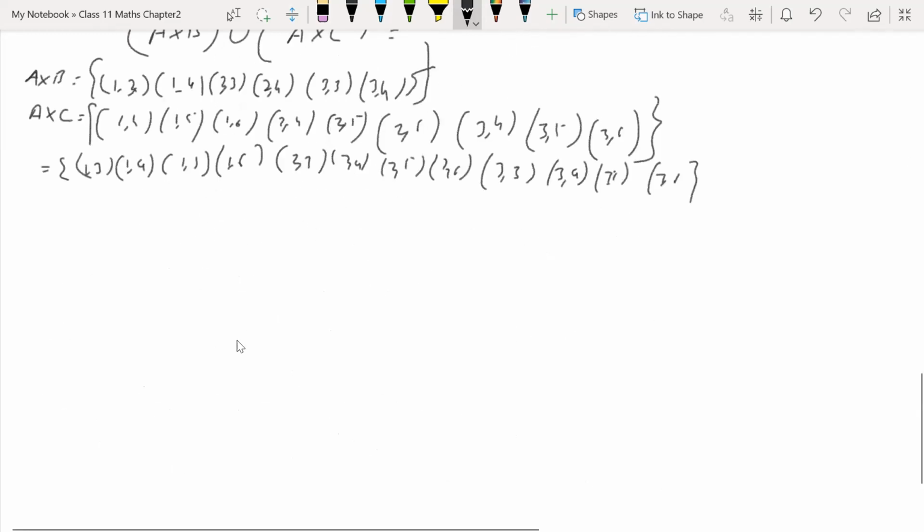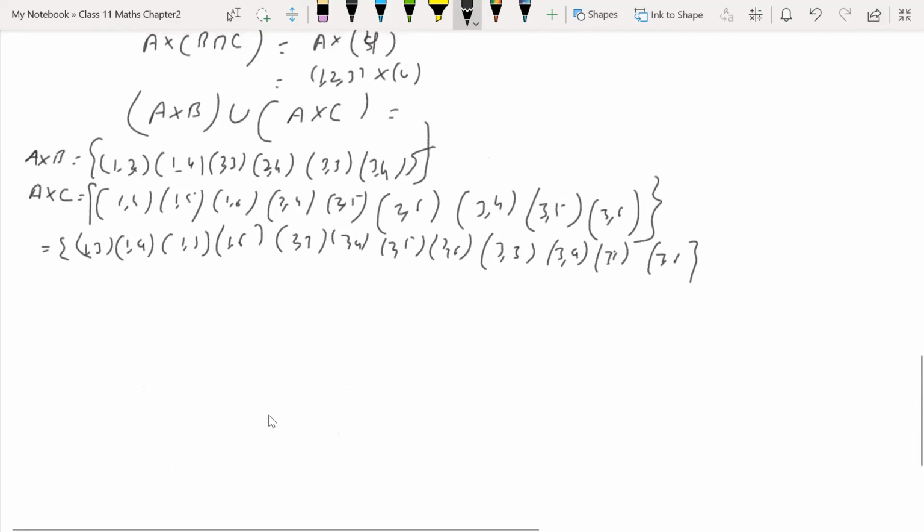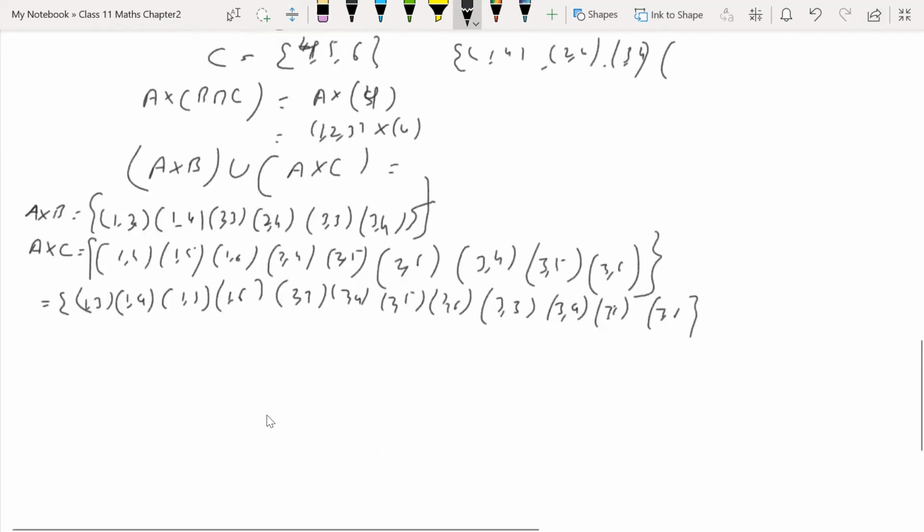This is all about union and intersection, the set operations on Cartesian products.